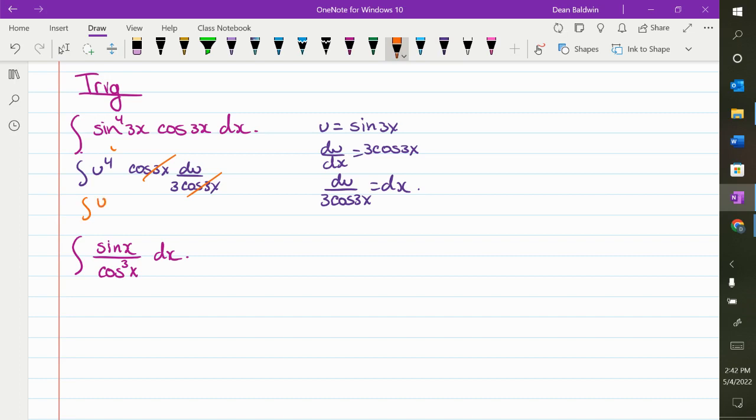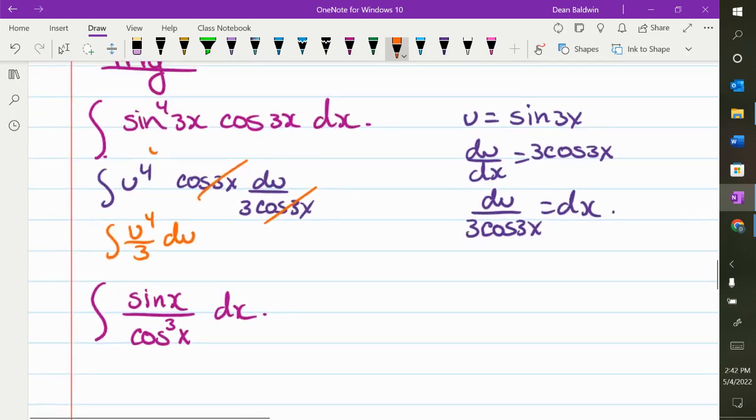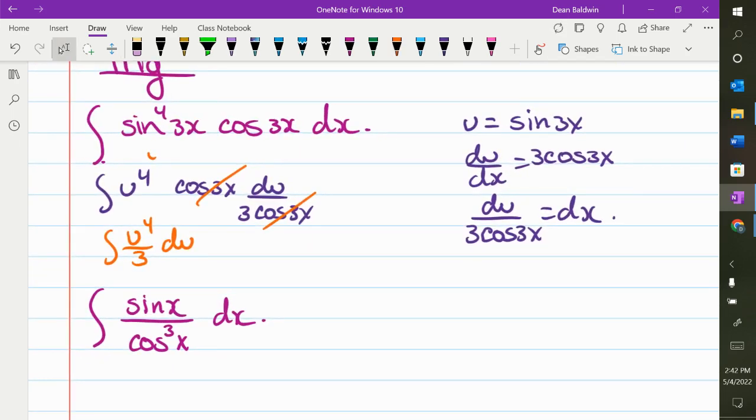So I got the integral of u to the 4 over 3 du. Is that good? Does that make us happy? I wouldn't say happy, but tolerable. Yes, it leaves me satisfied. Leaves you satisfied, I like that. All right. What's the antiderivative of u to the 4?